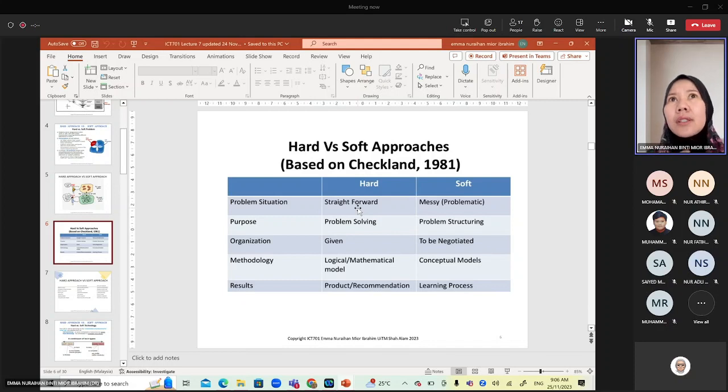Kalau contohnya kalau kita sakit kan, how we mitigate our sickness. Usually doktor buat apa? Dia akan cuba the hard way and the soft way. Soft tu mungkinlah dia kata okay, solat, rohani, spiritual, okay, you do meditation.